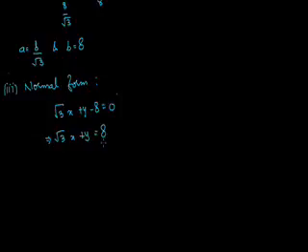Now the second step was to divide both sides by under root of coefficient of x square plus coefficient of y square.